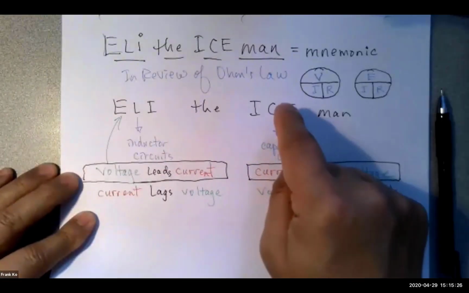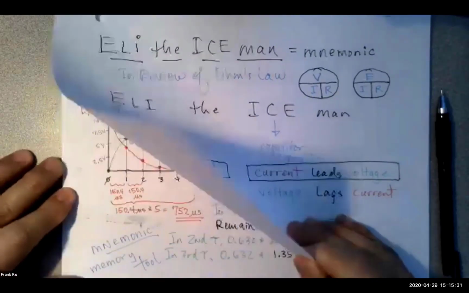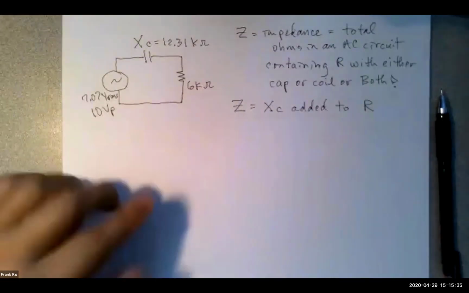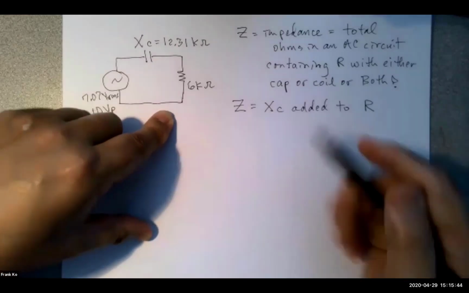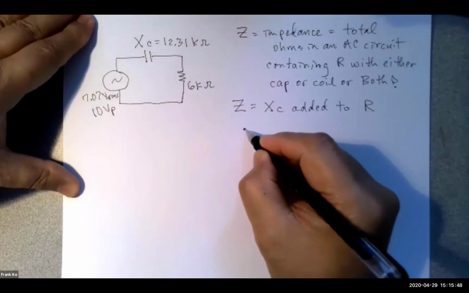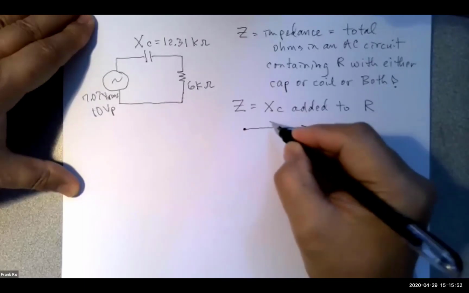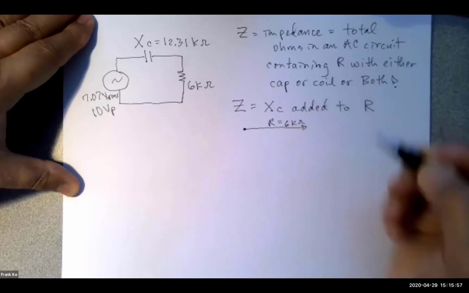Because there is this phase difference between voltage and current, we will see that phase difference realized when we do this analysis. So what happens here, my friends, is this. We will use my R value as my starting point, and I will draw a line and call this R, and R is equal to 6 kilo ohms.